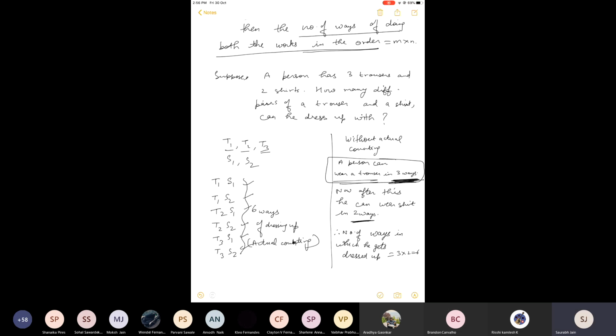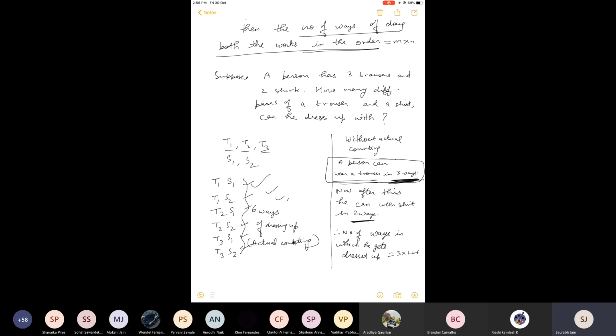Let us say a person has 64 trousers and 54 shirts. Then 64 trousers means you are going to write T1, T2 up to T64 and S1, S2 up to S54. Are you going to make pairs like this and count them? He will change the pair and you won't be able to do the counting. So you should opt for the multiplication theorem in that case.